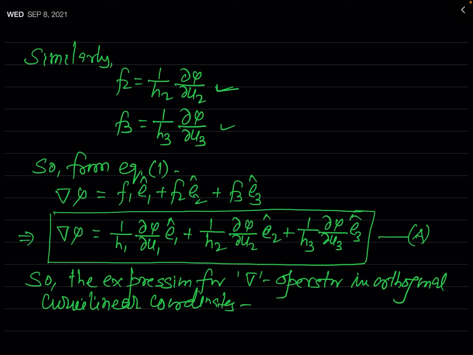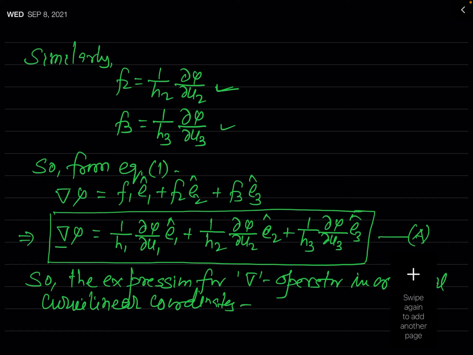You can see easily here is phi, here is also phi, here is also phi. So if you remove phi in RHS, then the remaining operator is simply your del operator.